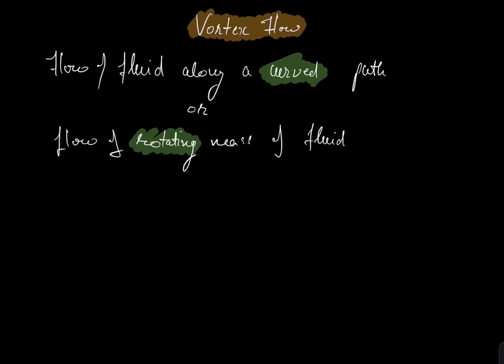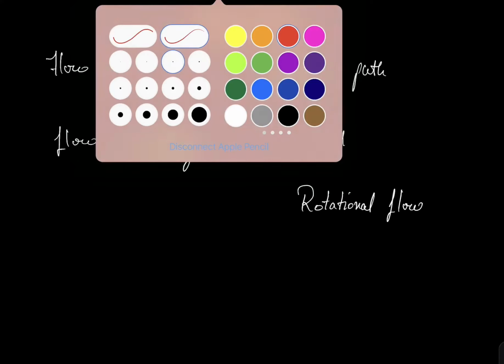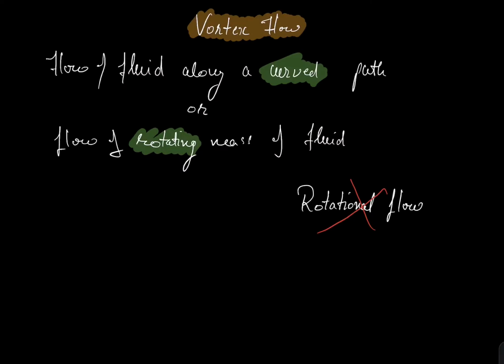Please keep in mind here that it's quite different from rotational flow, right? We have studied rotational flow earlier, which is a very different thing. Rotational flow is not a vortex flow. What happens in rotational flow? In rotational flow, each fluid particle revolves around its own axis, right?